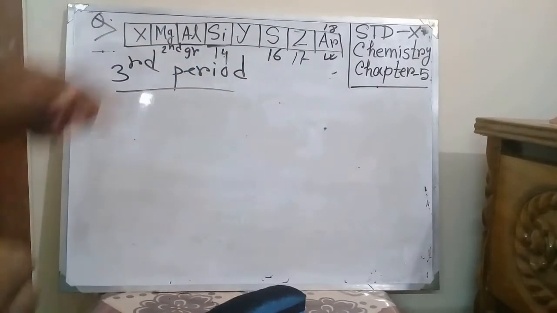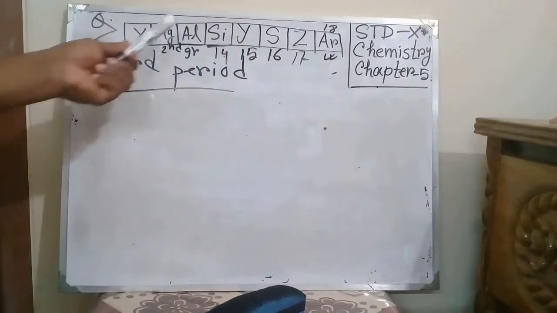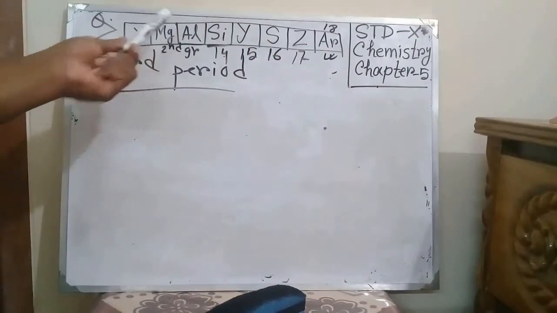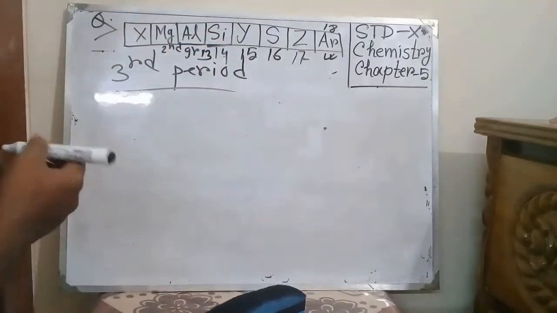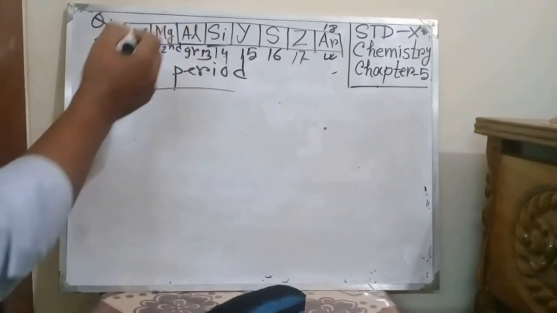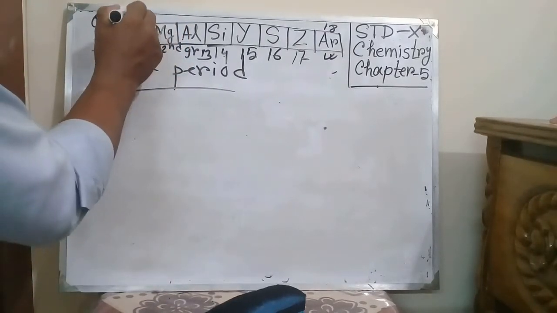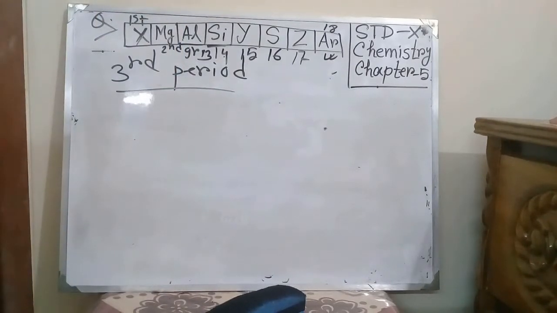So Y will be the element of group 15. And here aluminium is the element of group 13. So this is magnesium and this is the element of the second group. So X will be the element of the first group.